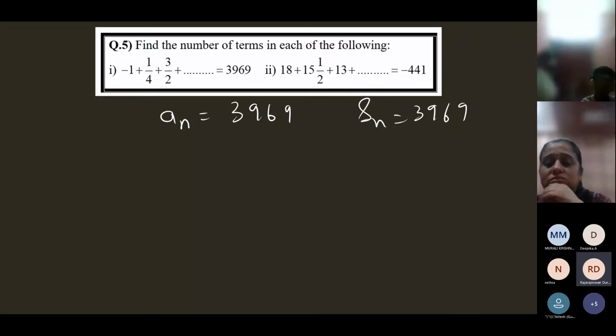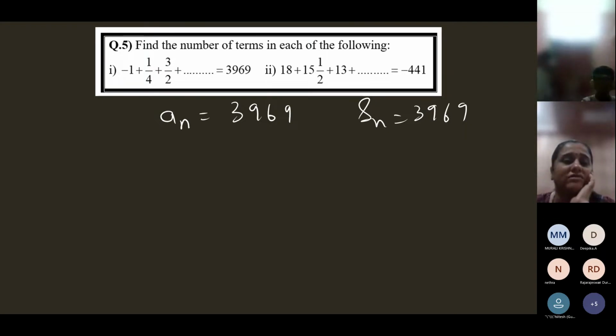They are giving the sum, they are adding it. Correct. What does AN represent? Last term. AN is equal to 3969 means 3969 is a term of the AP.